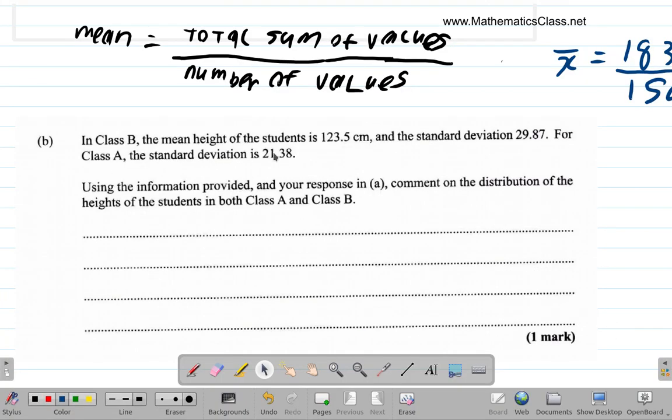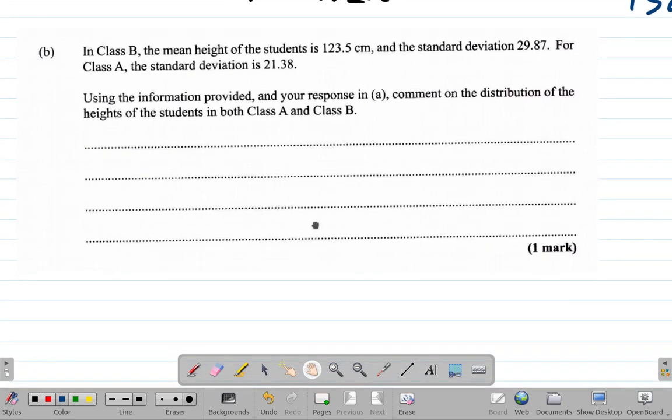They say in class B, the mean height of a student is 123.5 centimeter, and the standard deviation is 29.87. All right, let's just write that down.